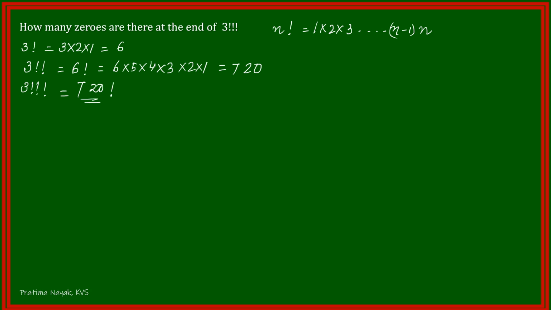Now after simplifying, we go to the concept of how many zeros there are in n factorial. I am writing the result; I am not mentioning or proving the theorem.